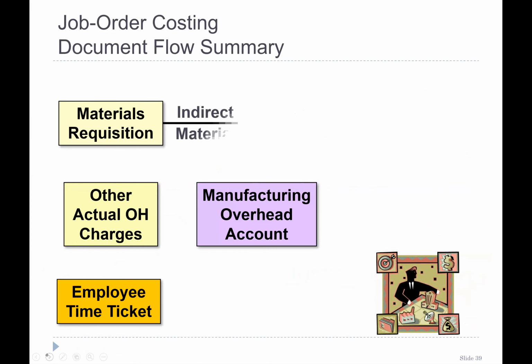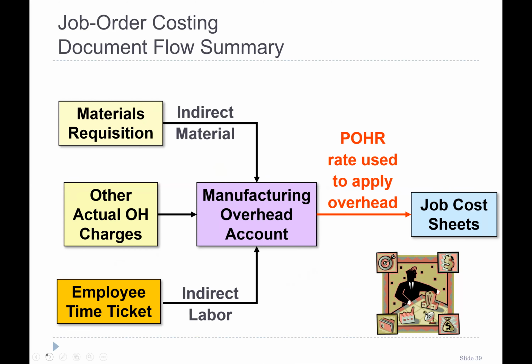And then what happens is, manufacturing overhead you apply on the basis of the predetermined overhead rate, right? So indirect material will go to the manufacturing overhead, indirect labor will go to the manufacturing overhead, and the other actual charges will go to the manufacturing overhead.